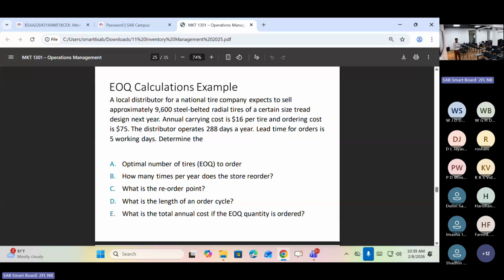Identify the length of an order cycle, the time gap between two orders, and calculate the total annual cost at the EOQ level. Ignore the material cost because unit price is not given. I will give you 5 minutes because you can simply solve such calculations.